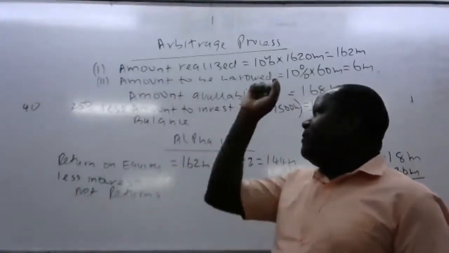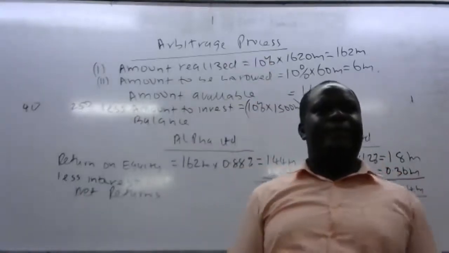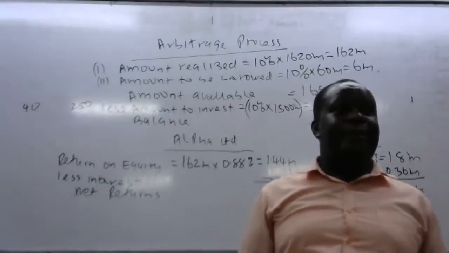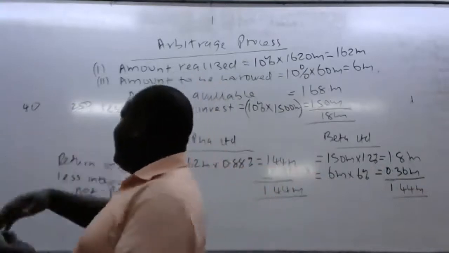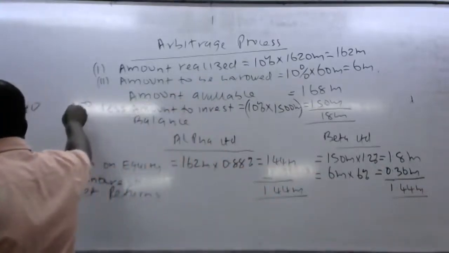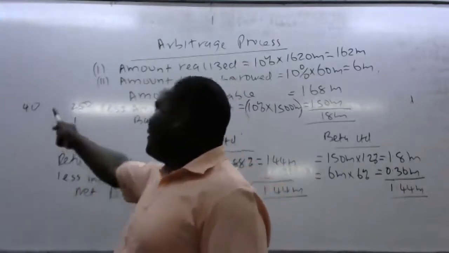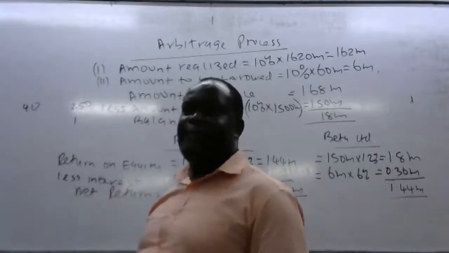So don't be motivated that maybe Kenya Breweries pays better dividends than Safaricom. That is not true. M&M said that when you analyze it critically, here I will buy 1 share. But in Safaricom, I will buy how many shares using the 250 shares?